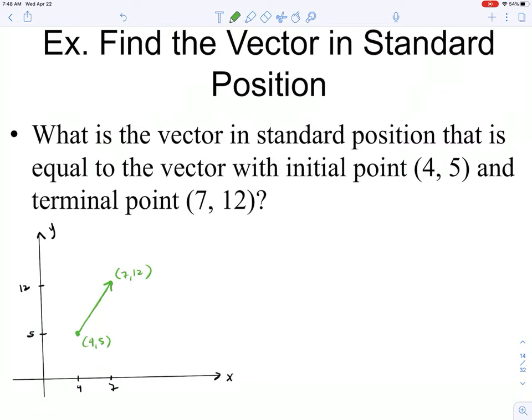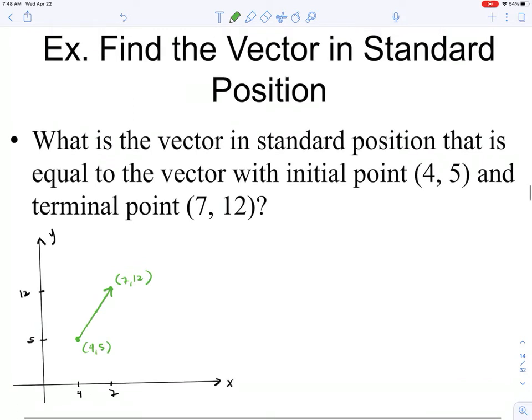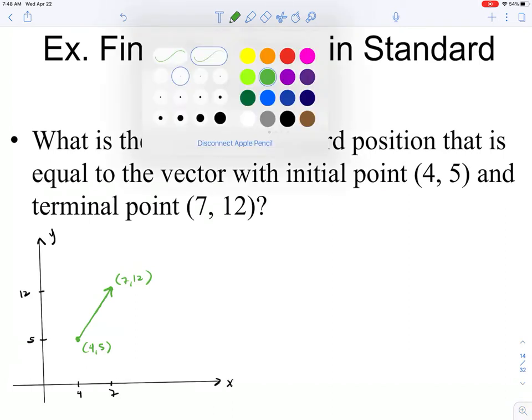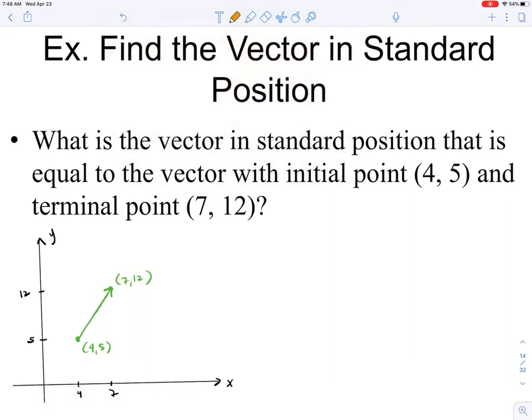So for that vector to be in standard position, let's think about how it can get there in terms of translations. Let's focus on the initial point 4, 5.